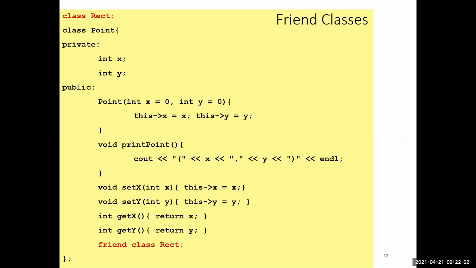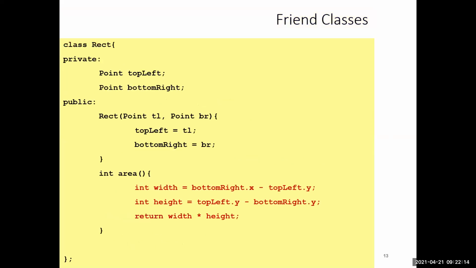When you say public and private, they are applicable to the members of the class. When we are telling that something is friend, we are just telling it, it does not become a member. That's why you can write it in private or public, it will not make any difference, right? So this is basically the area function which we just made. And the highlighted text is trying to access private data of the point class, which is legal now because we made this class a friend of the point class.